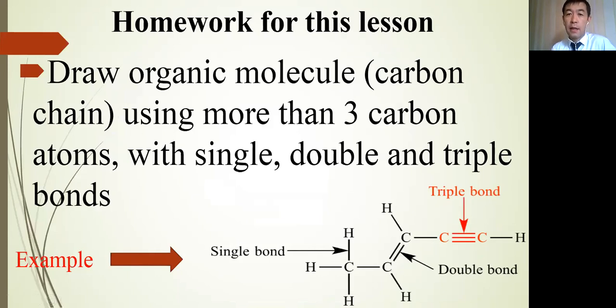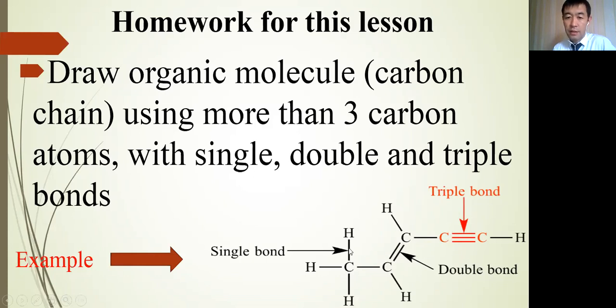Okay, this is the end of our lesson, and the homework for this lesson is to draw organic molecules using more than 3 carbon atoms, using single, double, or triple bonds. This is an example that has been done for you. Here I used 5 carbon atoms.